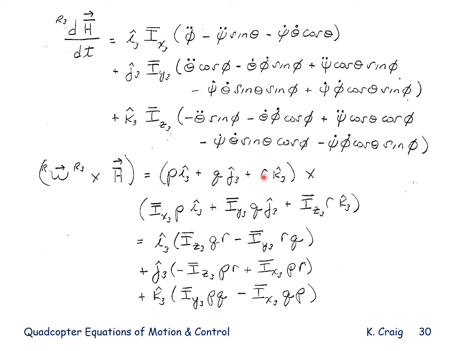This is the expression for the absolute angular velocity, and this is the expression for the absolute angular momentum with respect to the CG. If I take the cross product, the result is shown here.